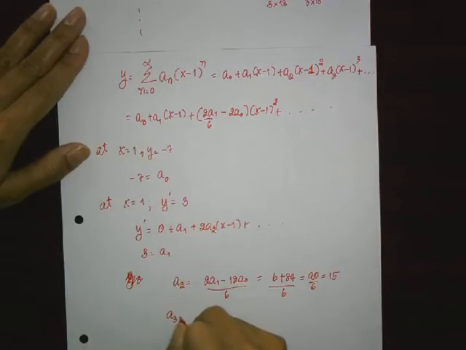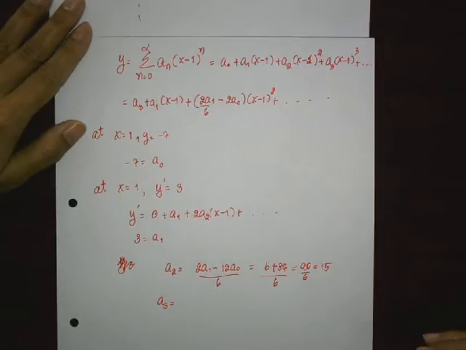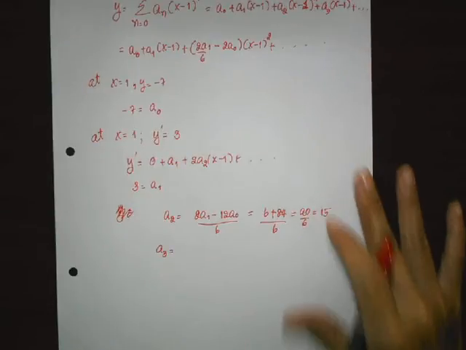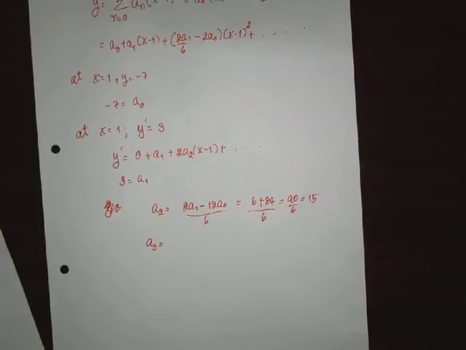Our a3 is equal to, because we know the numbers already, we are going to use our recurrence relations again in order to get the exact numbers of a3, a4 and a5, right?